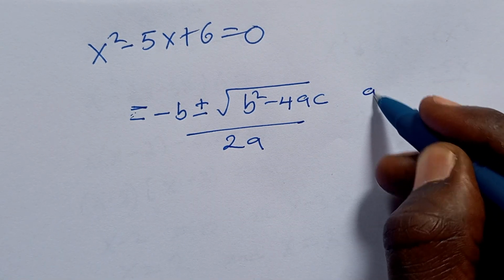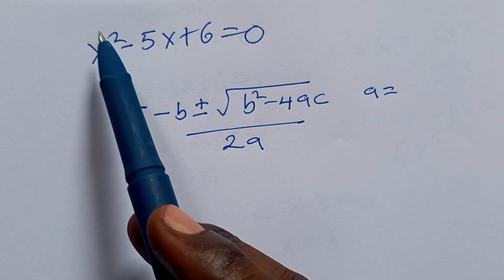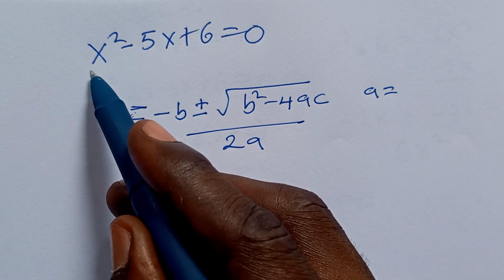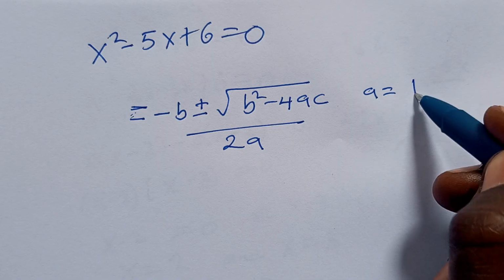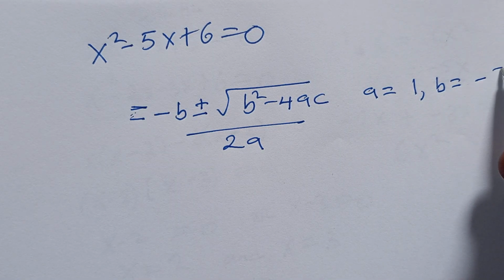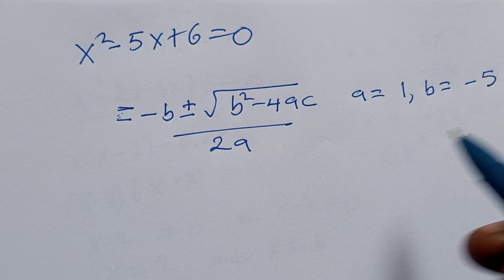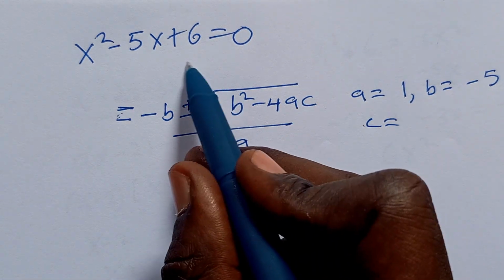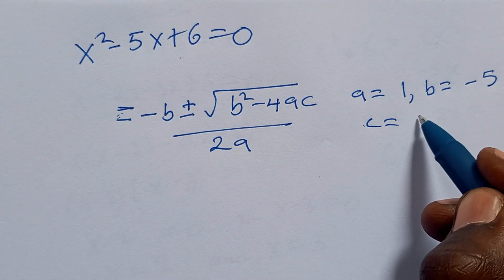And note that our a in this equation is the coefficient of x squared, which is 1. Our b is the coefficient of x, which is minus 5. And our c is this constant, which is plus 6.